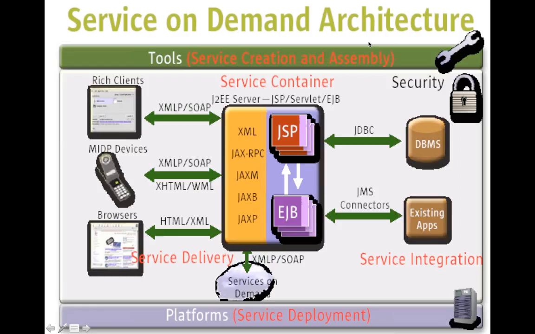Okay, so this is one other example, like service on demand. You have rich clients, mobile devices and mobile browsers. All you're going to do is invoke this container on the server side and access the pages or the data, and that internally talks to some other services or the database and renders the response back. So this is typically how your application looks.